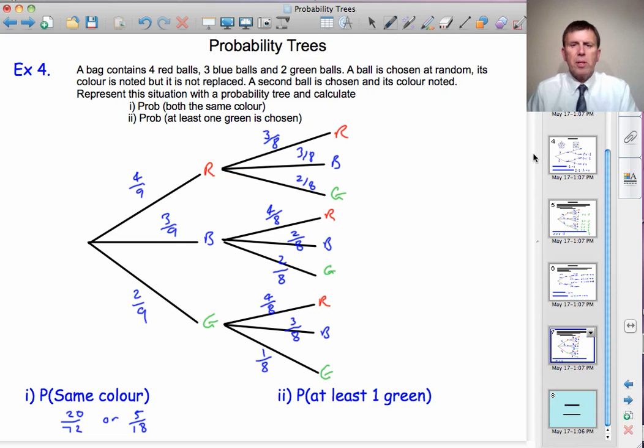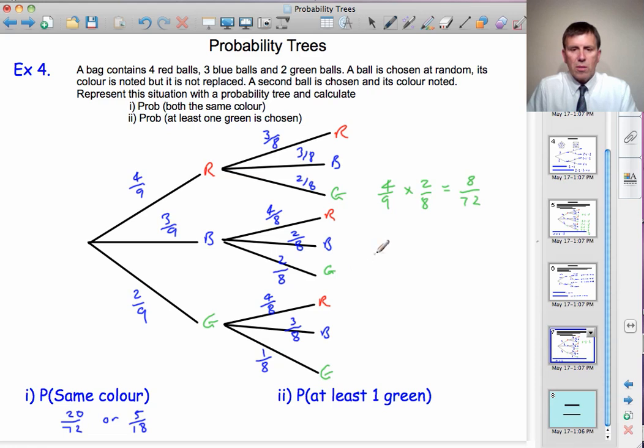So we now want the probability that we have at least one green. And just as before, there are 5 possibilities. We could have green green, green blue, green red, or blue green, or red green. So I need to work out those 5 probabilities and add them together. So this one here is 4/9 multiplied by 2/8. 4 times 2 is 8 and 9 times 8 is 72.